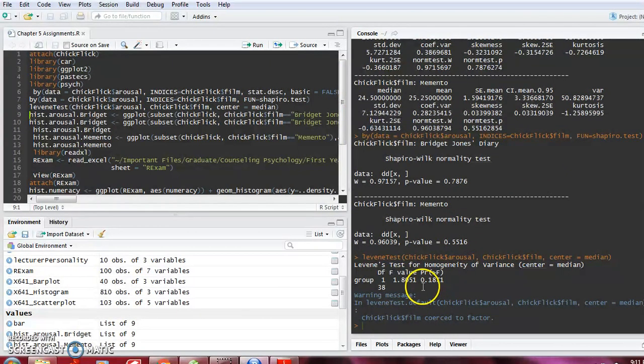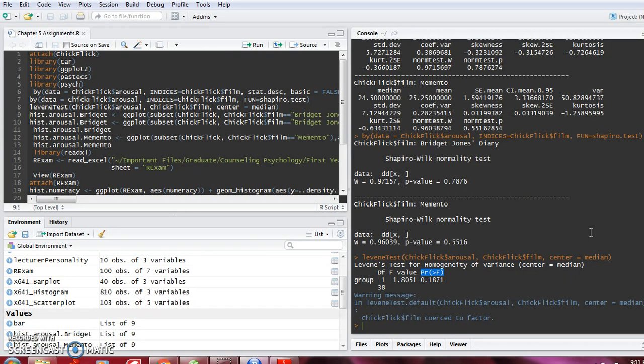Okay. So specifically, the value we're going to be looking at is PR, just PR, this value right here. And we're given a value of 0.1871. This is not bigger than 0.05, obviously, so this is good.